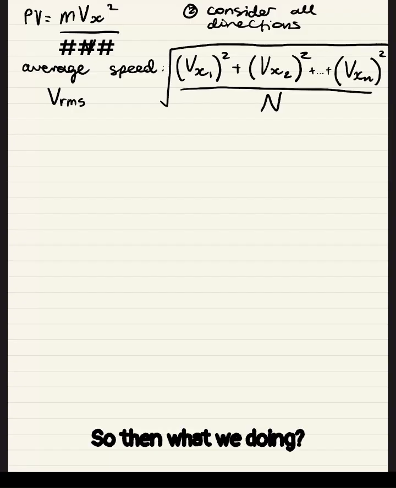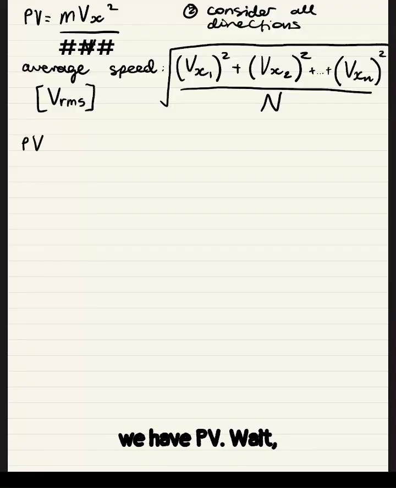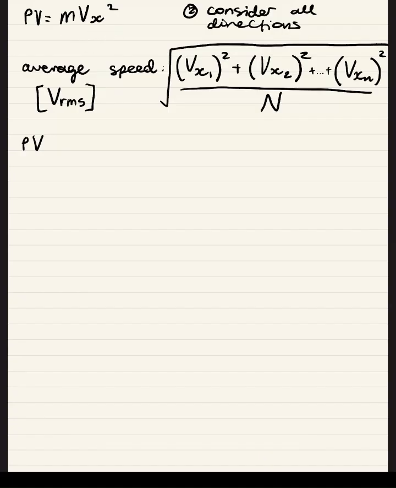So then what we do, because we want to use the average speed of all of them in our big equation, so we have PV, wait, what have I done here? PV equals, I'm going to put it here, so you want to times it by all of the molecules.